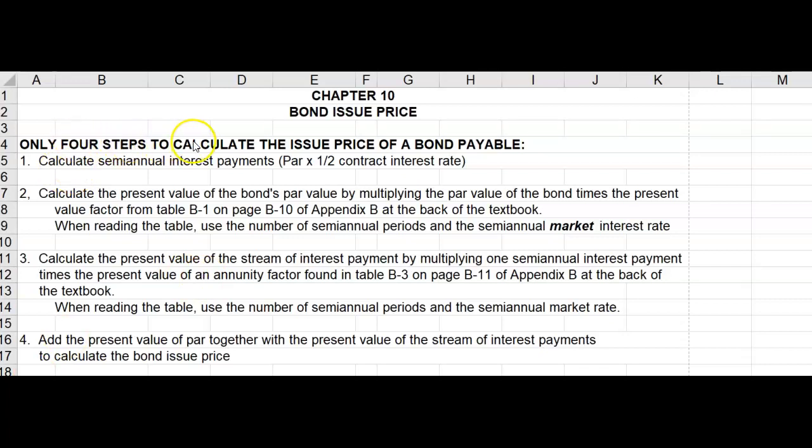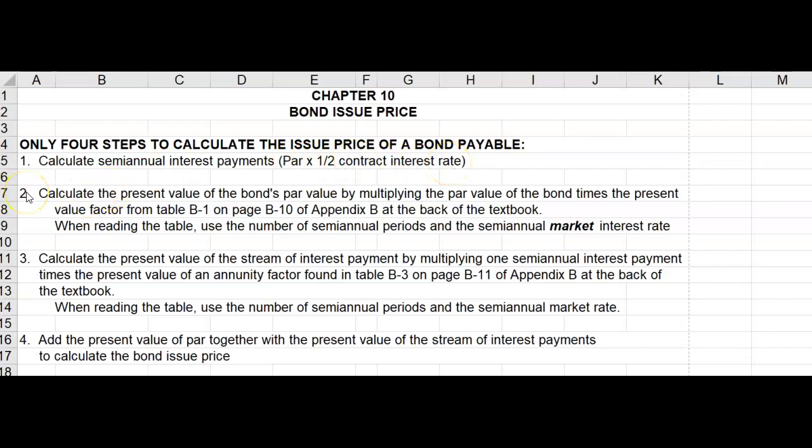The 4 steps we will follow when we calculate the issue price of a bond are: First, calculate the semi-annual interest payments. And as we've done in the past, that is taking the par value of the bond times 1/2 the contract interest rate.